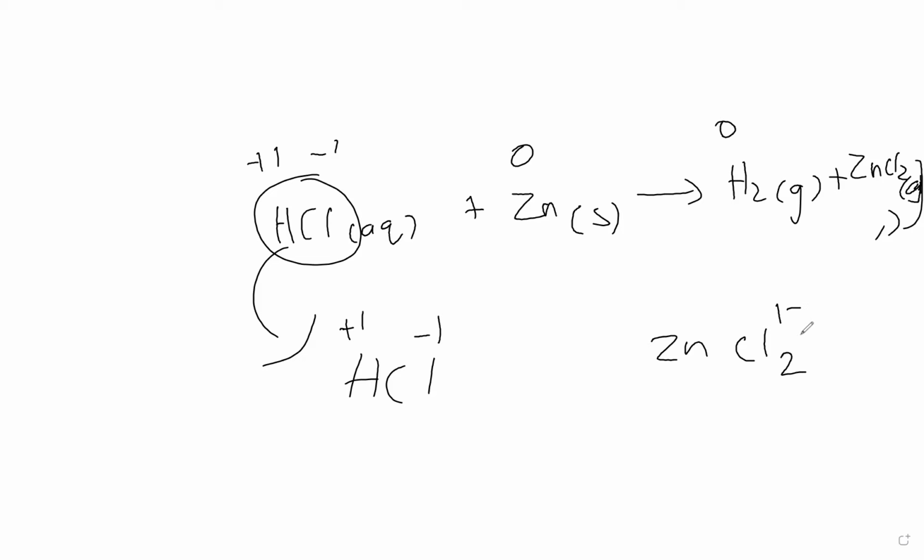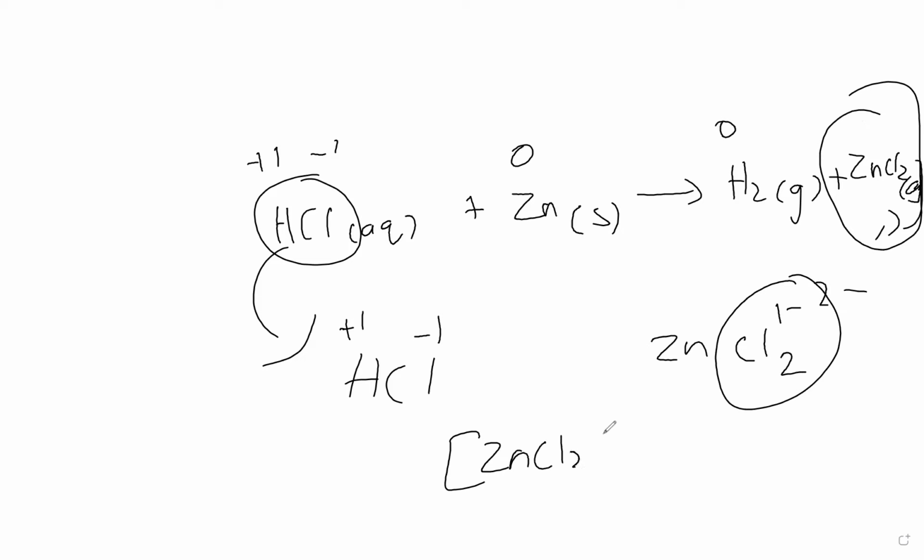So this whole thing is going to be two negative, and overall it's neutral. There's nothing that says ZnCl2 has any other charge; it doesn't mention anything. If there were something there, then it would not be neutral, but since there's nothing there, it's definitely neutral.